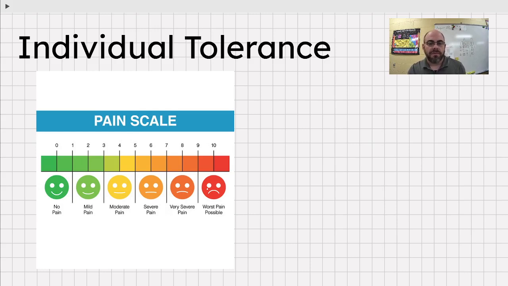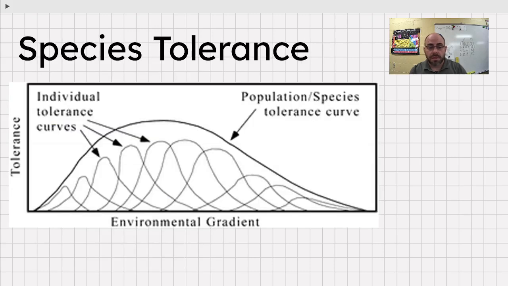And if you give 10 different people the same injury, let's say you scrape your knee, they're going to describe that in different ways, right? Based on their experience, based on the physiology of their body, right? And so that's what we mean by an individual tolerance. There's going to be a wide range of individual tolerances, right? One whale can deal with a certain amount of temperature differently than maybe another whale of the same species, right? So that's what we mean by individual tolerance.